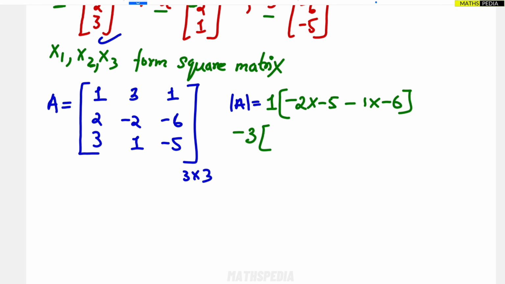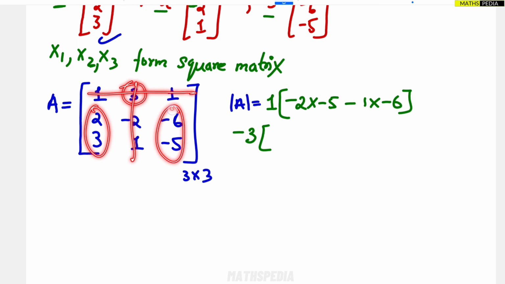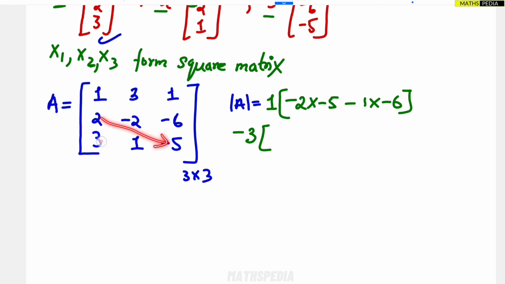Leave the row and column where 3 is sitting. What is left is 2, 3, minus 6, 5. Multiply: 2 into minus 5 minus 3 into minus 6.